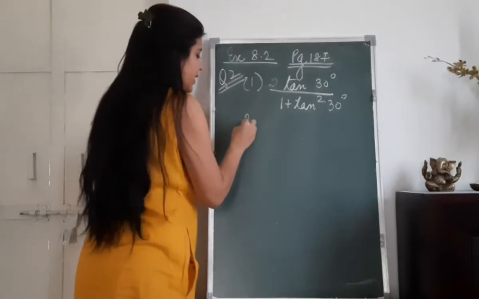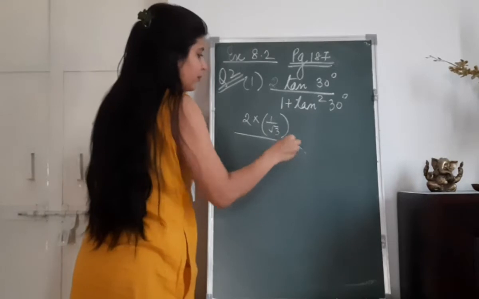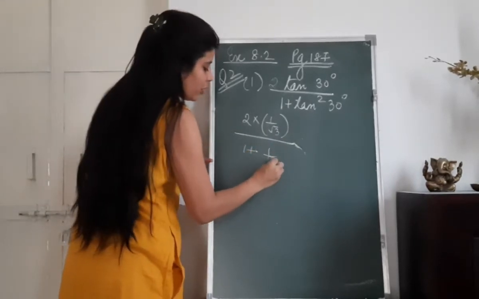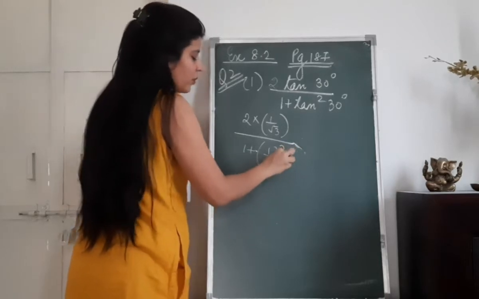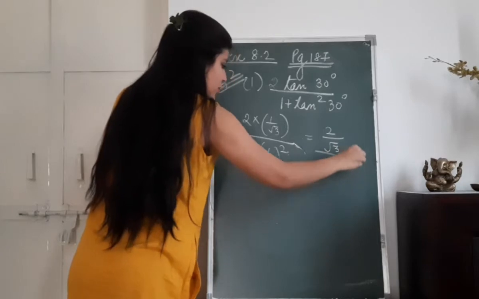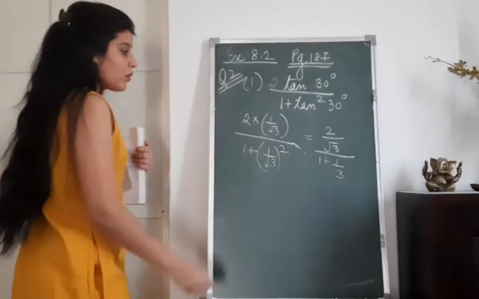So 2 into 1 by root 3 upon 1 plus tan square 30 degree will be equal to 1 upon root 3 whole square. That gives me 2 upon root 3 upon 1 plus 1 upon 3. Right?